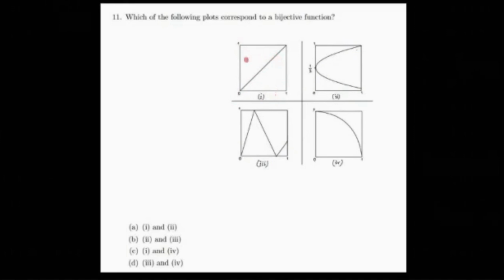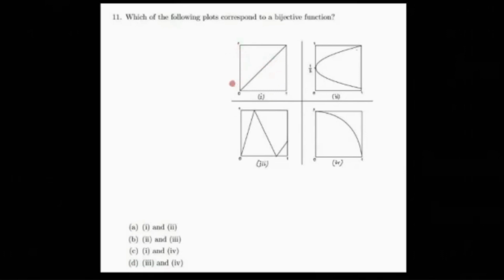If I choose a point here, draw a line parallel to the x-axis until it touches this curve, and then go down parallel to the y-axis, I get to some point. So every point in the codomain is the image of some element in the domain. So it is both one-to-one and onto.